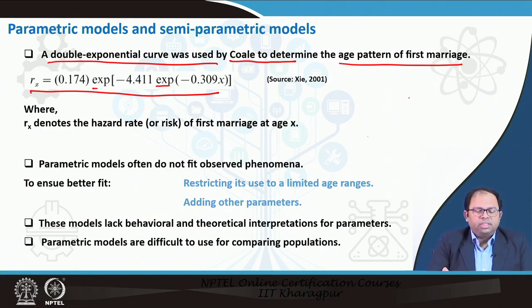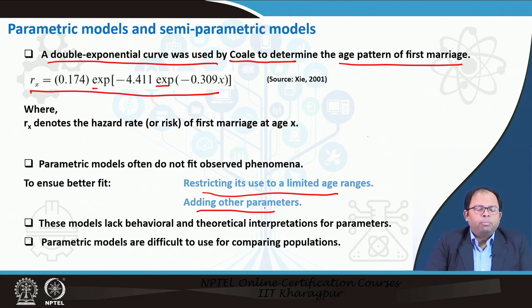But both of these equations, as we can see, may fit a particular population, they may not fit another population, or they may not fit with different age groups. So, to ensure better fit, we can restrict the use of these equations to a limited number of ages, or we can add some other parameters in the equation to make it more flexible.